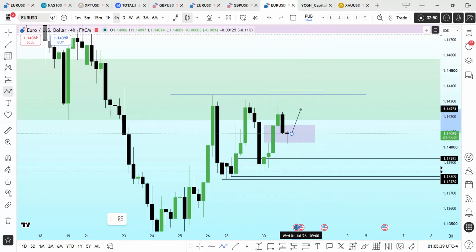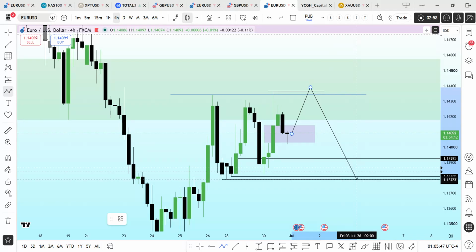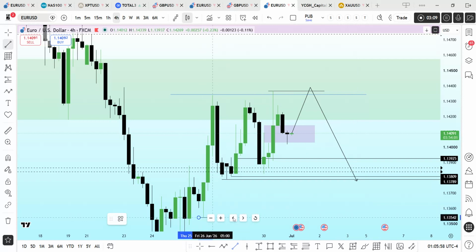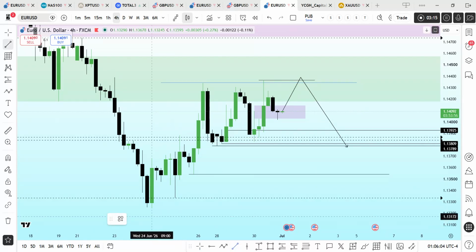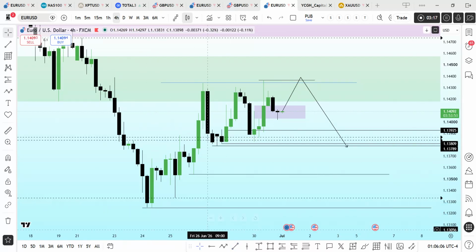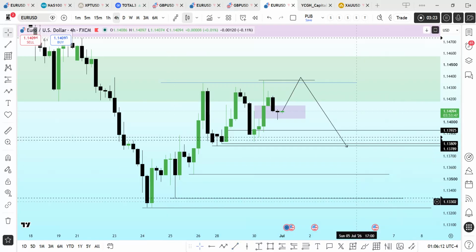Once price goes like this and takes the buy side liquidity, we can expect a one-sided bearish move. It can even go up to this point, and eventually it will take out all these lows, at minimum this one, if it doesn't come to the lowest low. Basically once price takes out this buy side liquidity, price comes down.